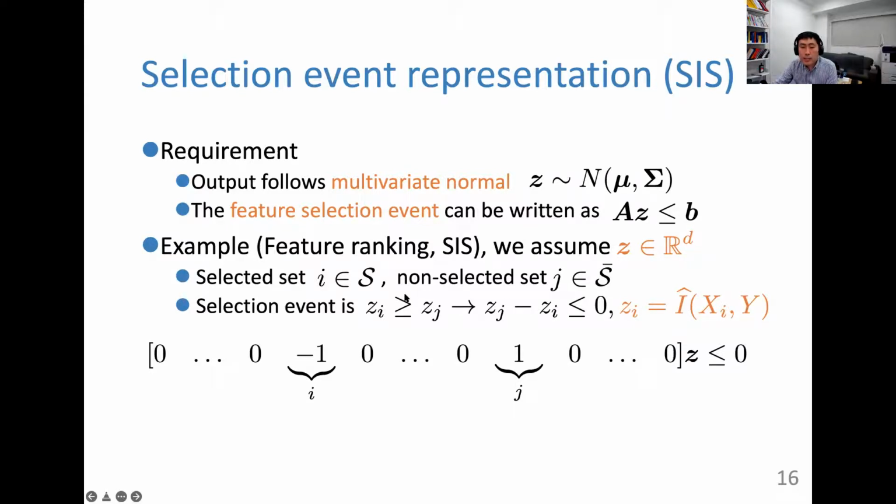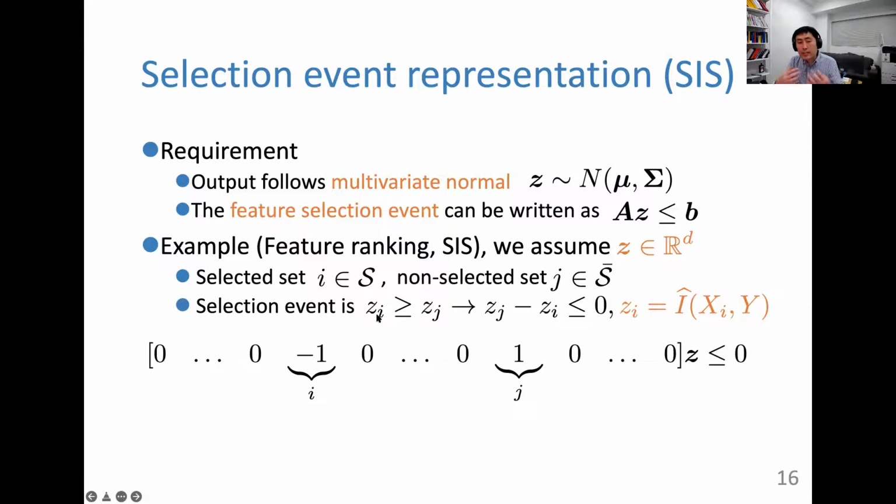In this case, the feature ranking selection event can be written this way. Z_I is the HSIC value of the I-th feature and Z_J is the HSIC value of the J-th feature, because the selected set is already bigger than the non-selected set.